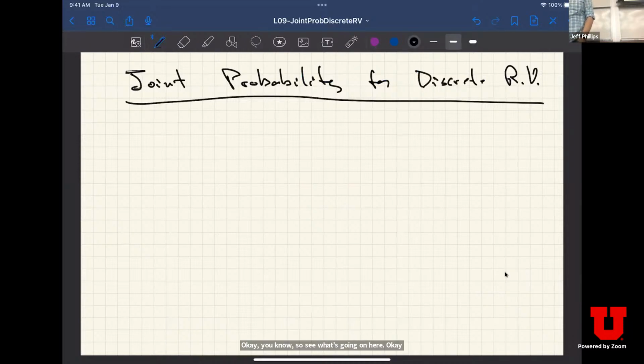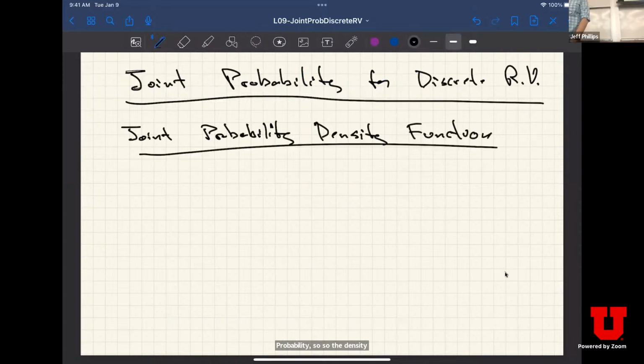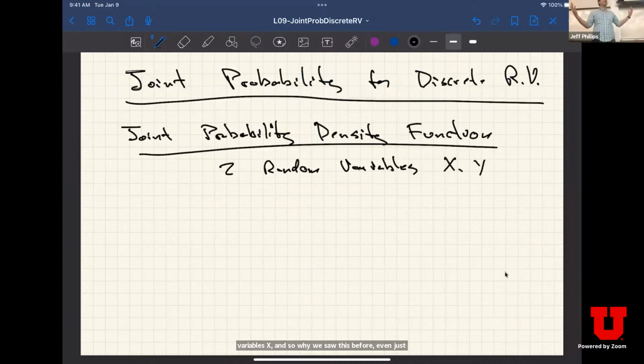Okay, so the first concept is a joint probability density function. But this is going to be for two random variables, x and y. We saw this before, even just early in this lecture, with the single random variable x.